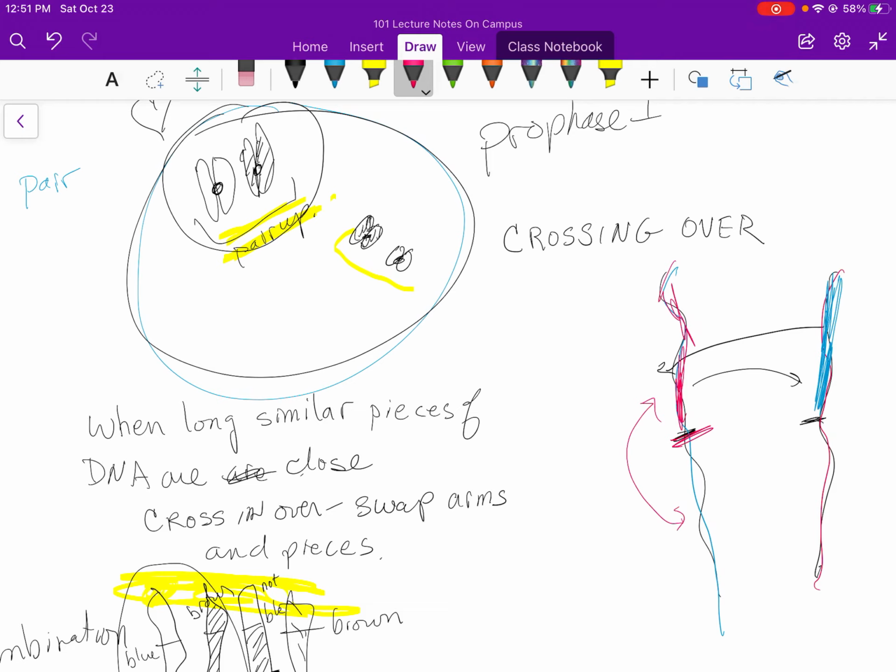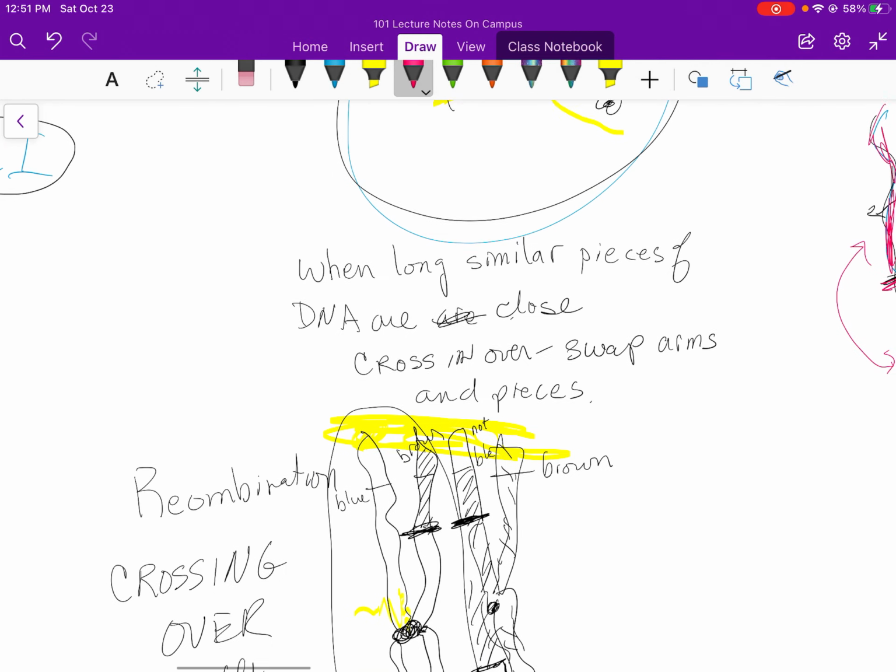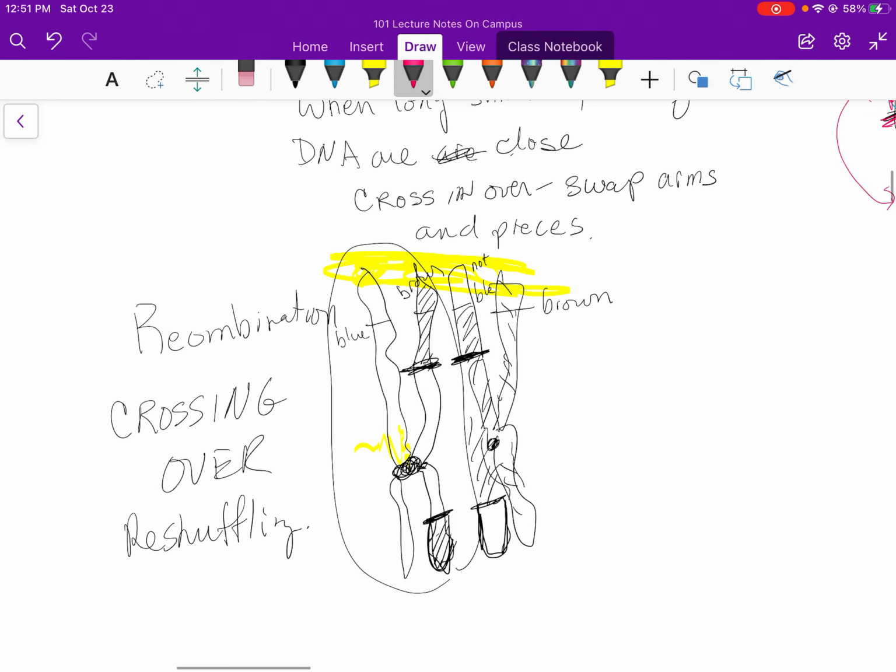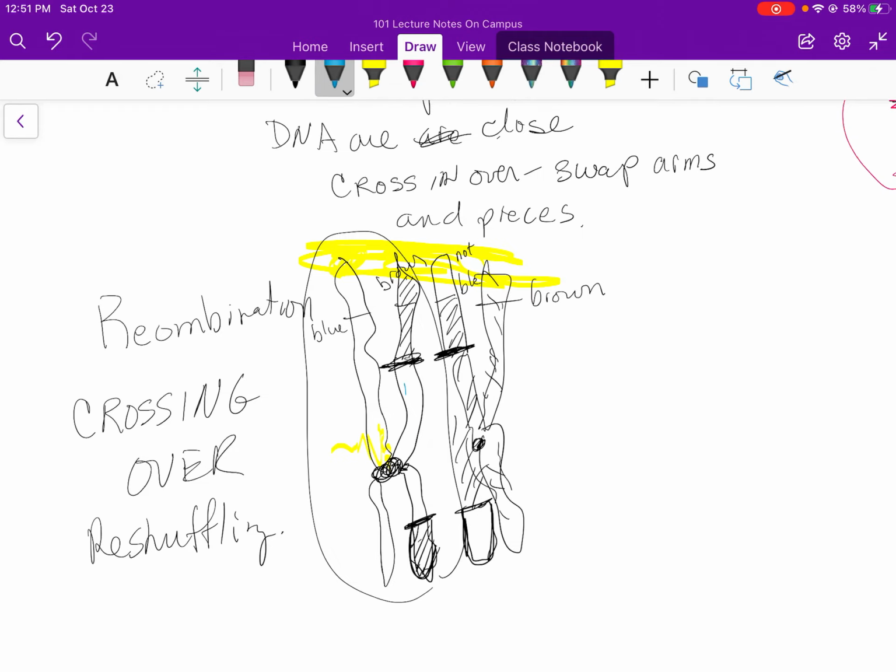Okay, so that gives you new combinations, and as a result, here's another drawing of how that works. In fact, they happen many times, so lots of reshuffling occurs in every homologous pair. So at the end of the game, you've actually shuffled up a whole bunch of your genome, and if I wanted to make this blue and blue, then I would have red tips on here, and maybe this red blue section would go over here.